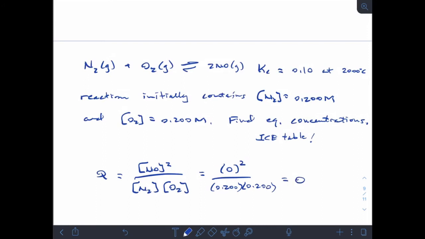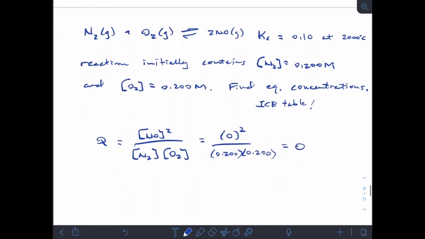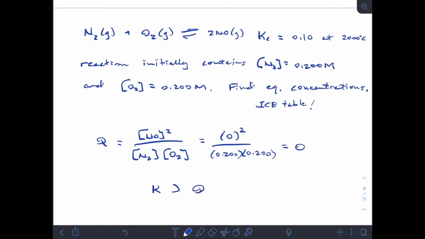So that automatically means that Q equals 0. K is greater than Q. The reaction goes right. Okay, so even if you're not comfortable with interpreting things based on the word problem, you can always calculate Q. So the reaction goes right.